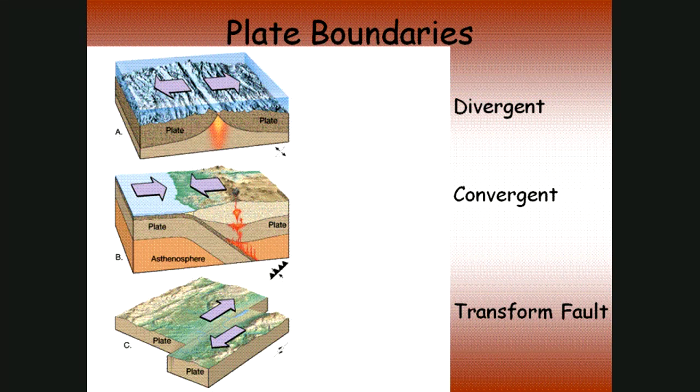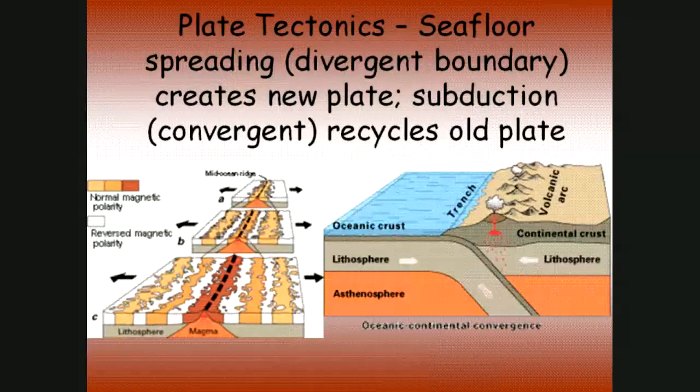Because when I first learned about the making of new seafloor, my first question was, well, how come the Earth isn't swelling as we get more and more continental mass, or seafloor mass? Now you know why. There's a little bit of recycling going on. Mother Nature thought of recycling long before man did.